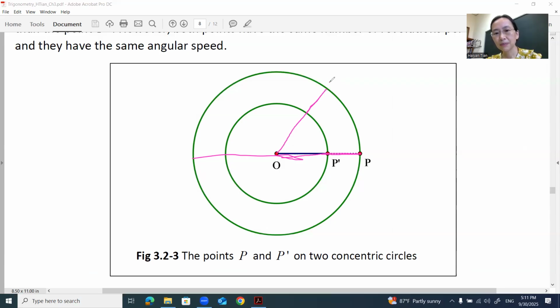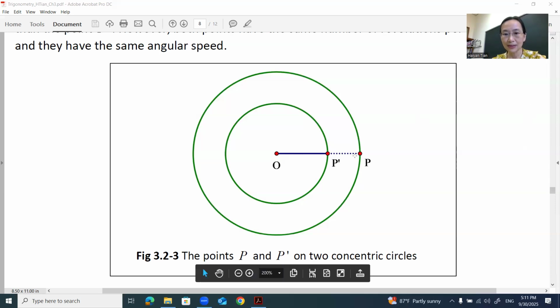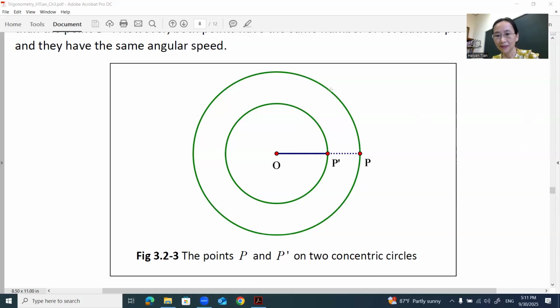It will be here, so P at a certain time, and the P prime will be here. So we can know the speed if we're using the distance: the arc length traveled by P will be larger than the arc length traveled by P prime.